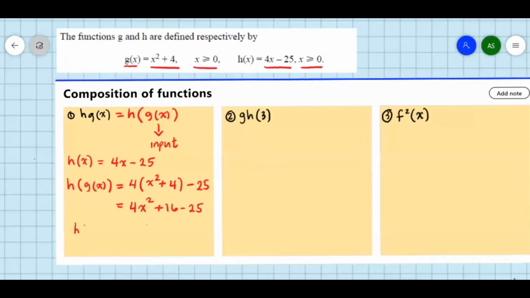When you simplify this, it gives you 4x squared minus 9. So this is your h of g of x.